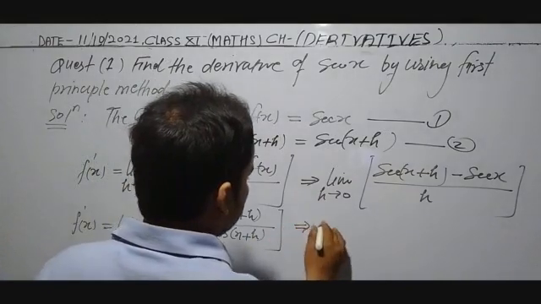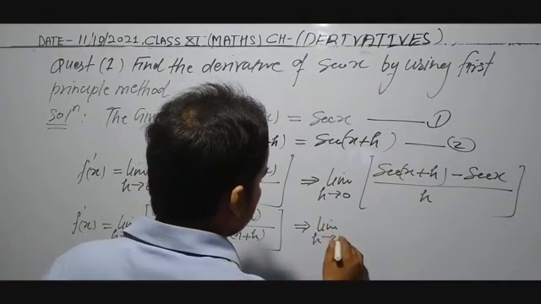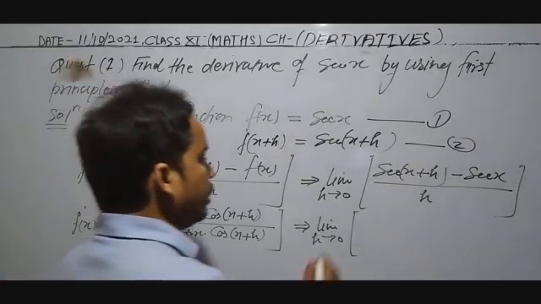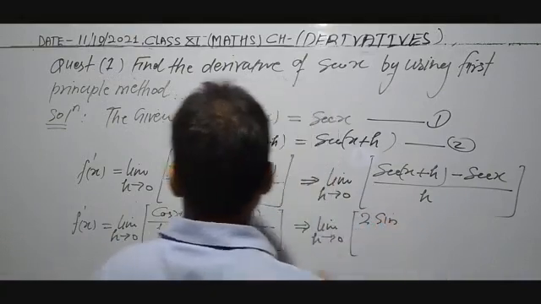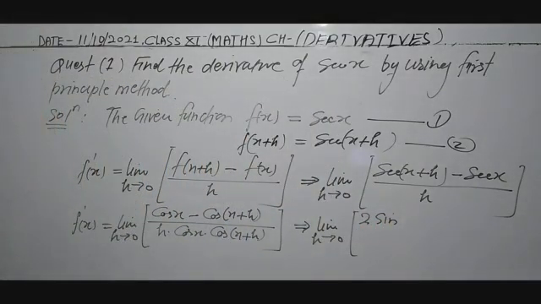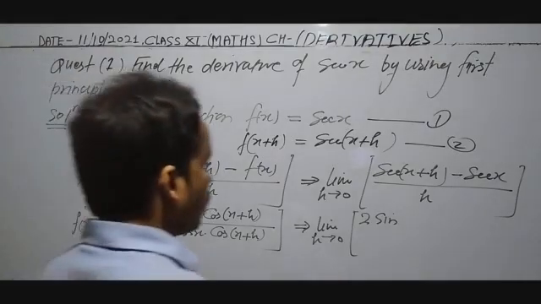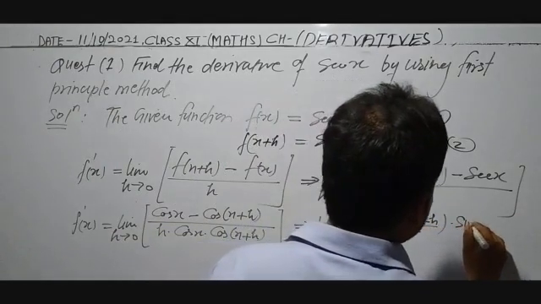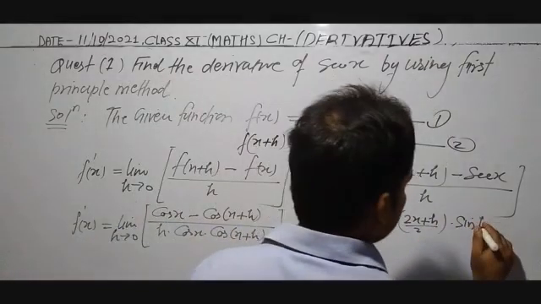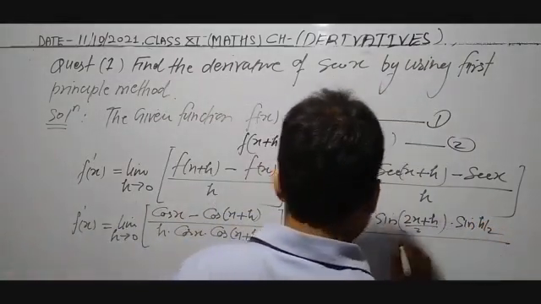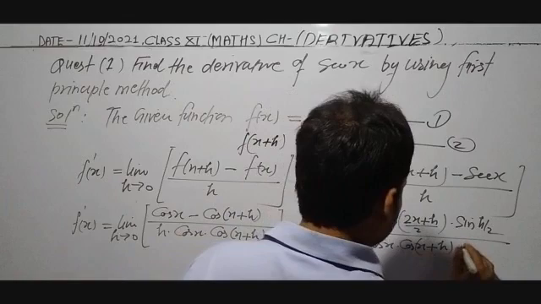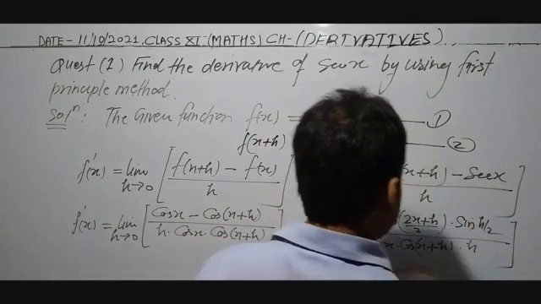Now you know the formula cos C minus cos D. Result is 2 sin of (C plus D) by 2, it means (2x plus h) by 2, into sin of (D minus C) by 2, this is h by 2, whole upon cos x cos of x plus h into h.